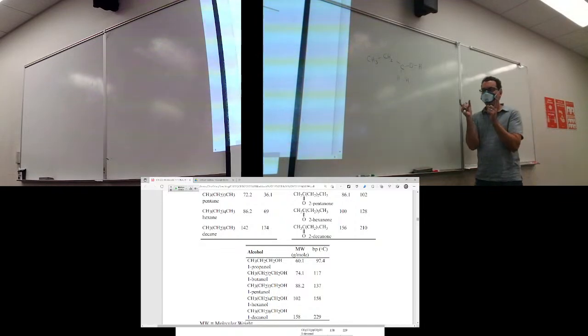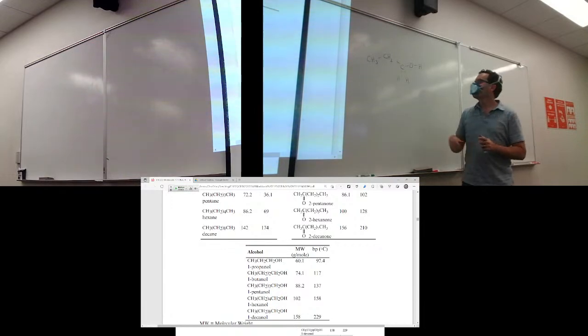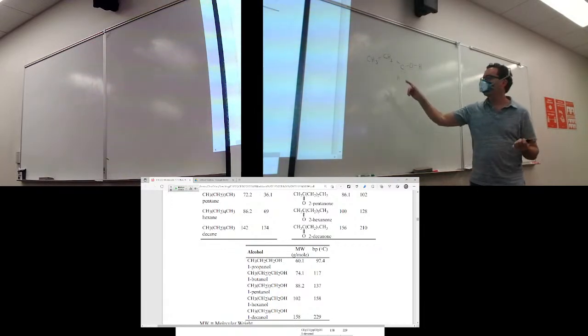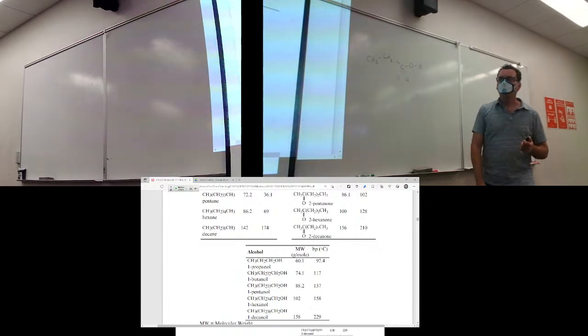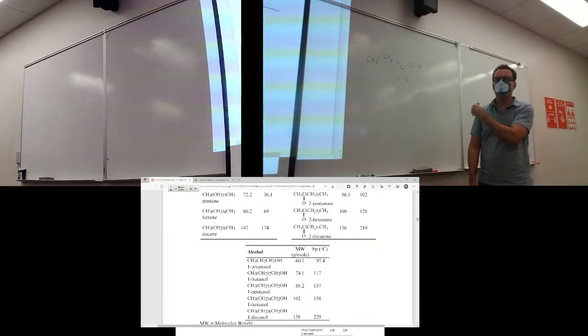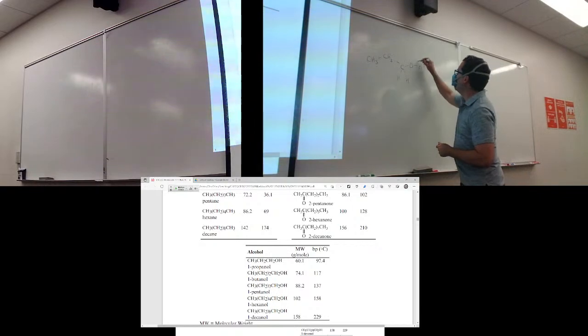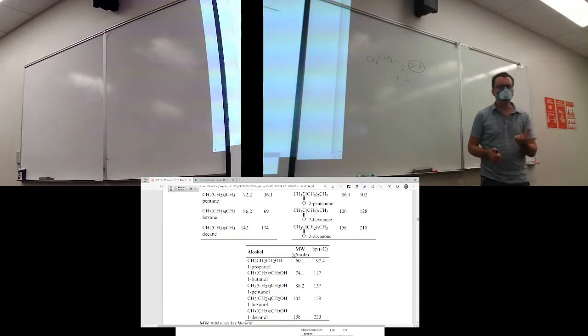Remember, we're talking short bonds you get from small atoms. So hydrogen is the smallest atom here, but is a hydrogen-carbon or a hydrogen-oxygen bond shorter? Compare oxygen to carbon. Oxygen is smaller. As you go to the right of the periodic table, the atoms get smaller. So this bond is the shortest bond because it's made between the smallest two atoms.